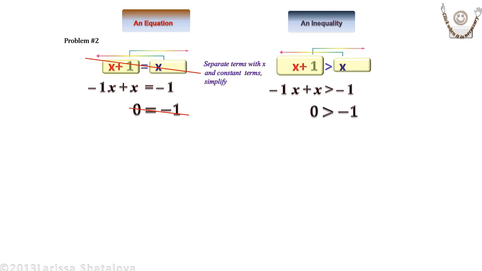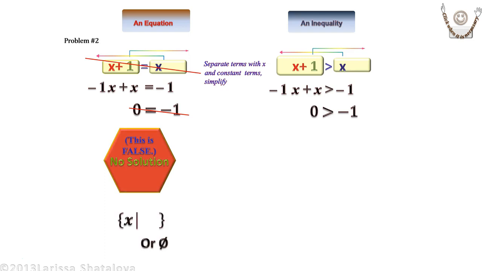The set is empty. But for the inequality, let's talk. 0 is greater than -1. Is it true or not? Sure, it's true. So we have to say the solution set is the set of all real numbers.